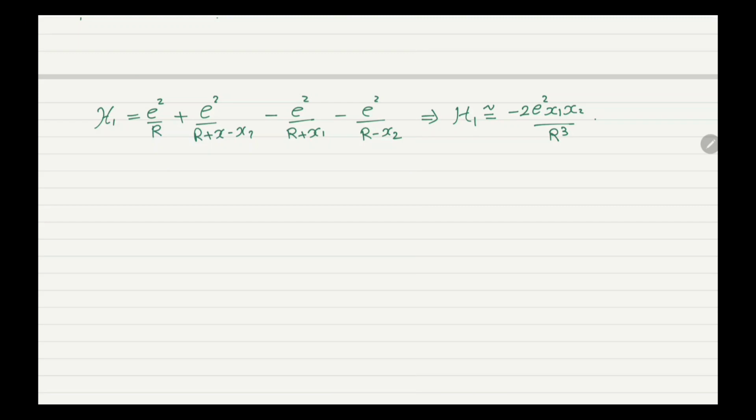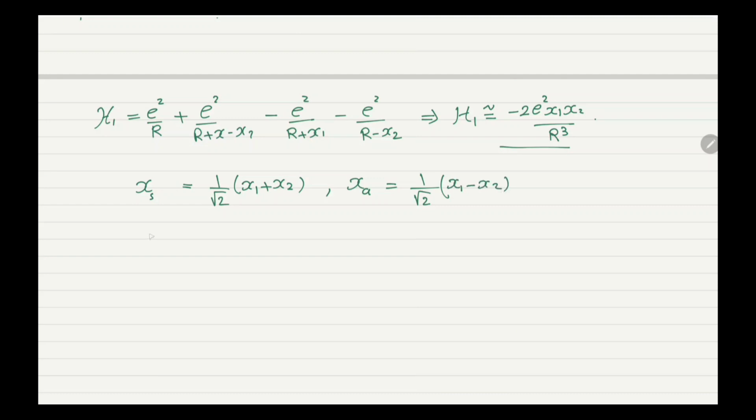Now the total Hamiltonian with the approximate form can be diagonalized by the normal mode transformation. So X symmetric equals 1 over square root of 2 times x1 plus x2, and X antisymmetric equals 1 over square root of 2 times x1 minus x2.